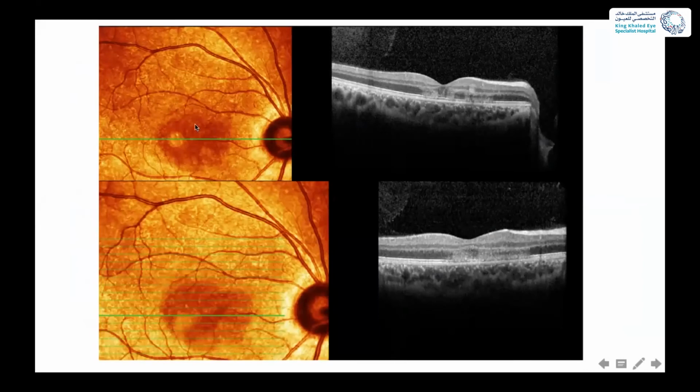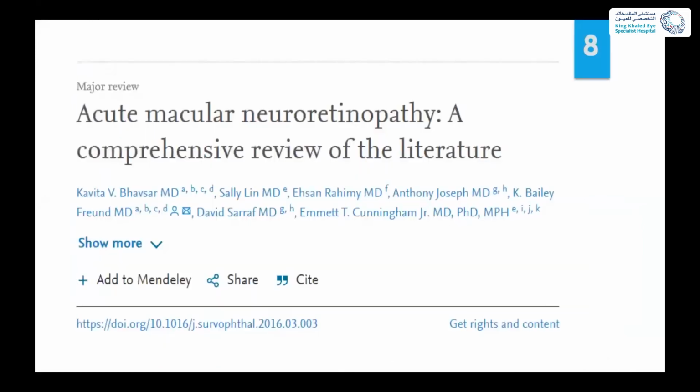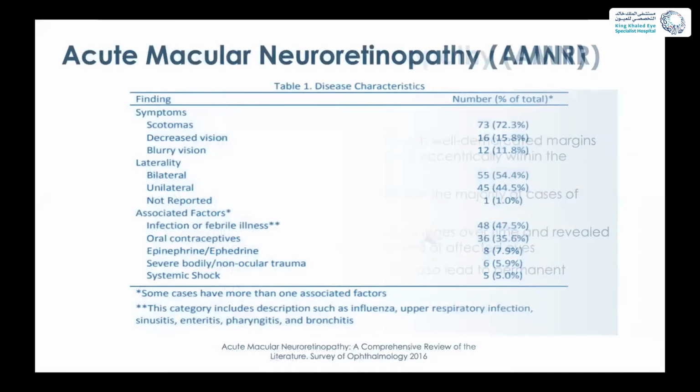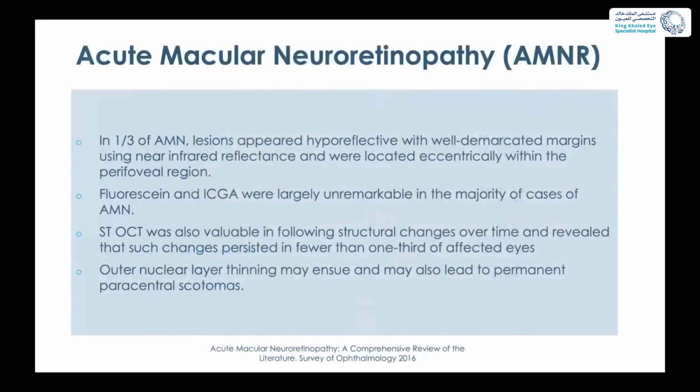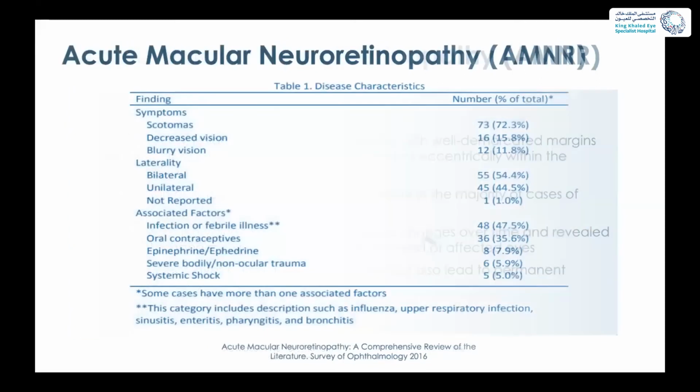So you have to check the MFAS image so that it will represent the focal ischemia also. So fluorescein and ICG in these patients will not help a lot. And also patients with acute macular neuroretinopathy, with time they will have thinning in the outer nuclear layer and outer plexiform layer. This is demographic data of these patients.